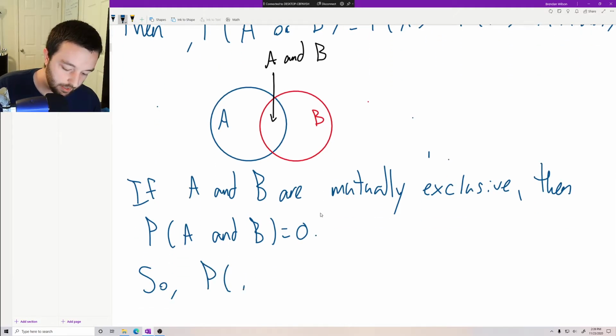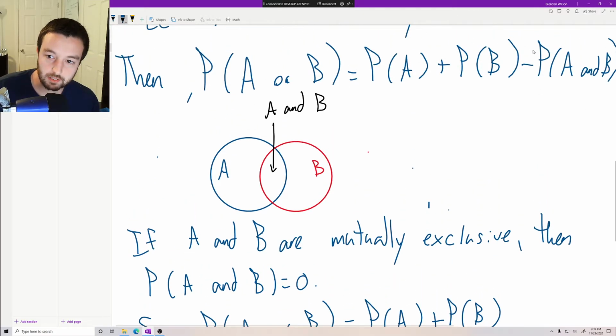So the probability of A or B can be simplified to the probability of A plus the probability of B. We don't need to subtract this off because we would just be doing minus 0.